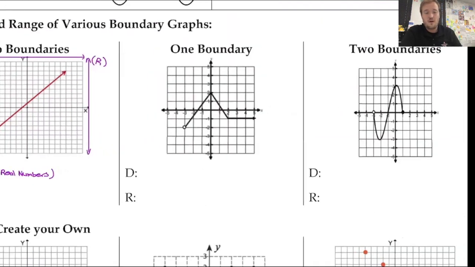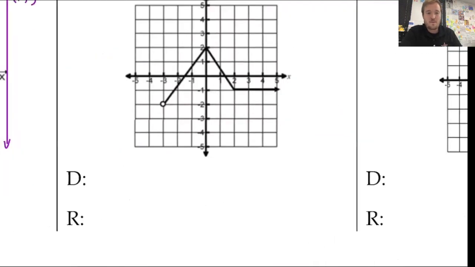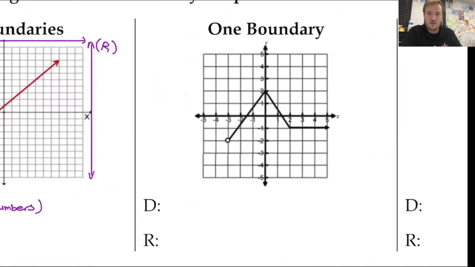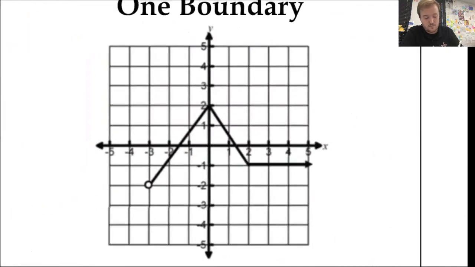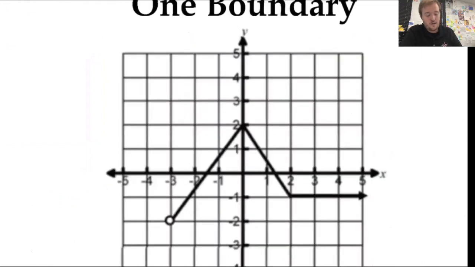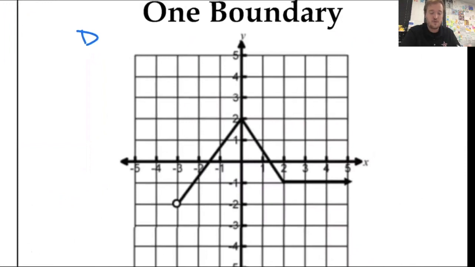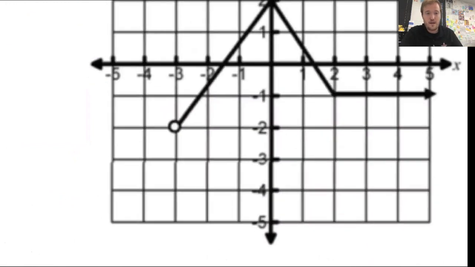Okay. All right, now for 1 boundary. So hopefully the actual representation will make a little bit more sense. Okay, so for the domain, once again, I'm going to write it across the top because the domain represents the x values in which we're looking to see how far left and right it goes. Okay, so if you look, we have an endpoint over here.